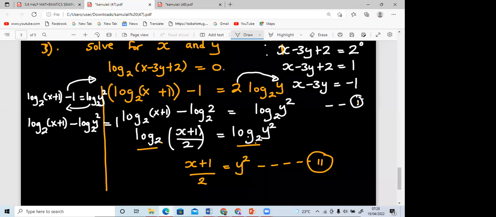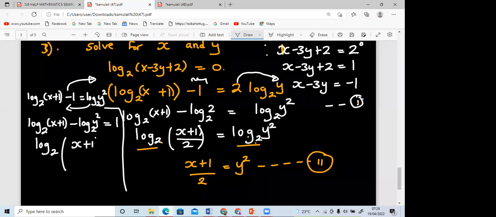Yes, Jesse? I'm providing an alternative in case you don't want to go here, whereby -1 is the same as log 2. So when I reach here, these logarithms have the same base, meaning if it is a subtraction, then you divide.